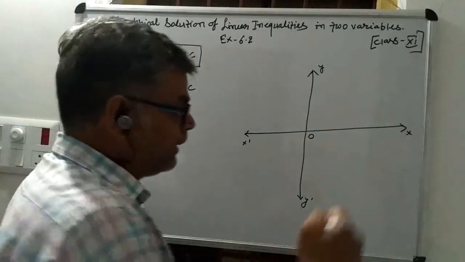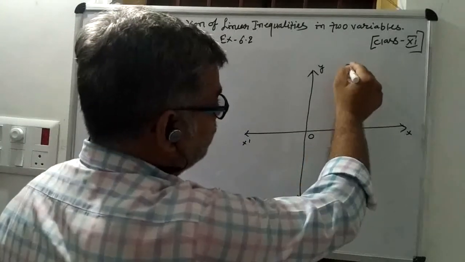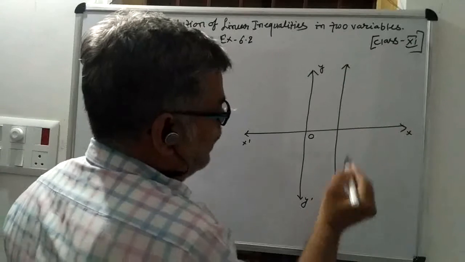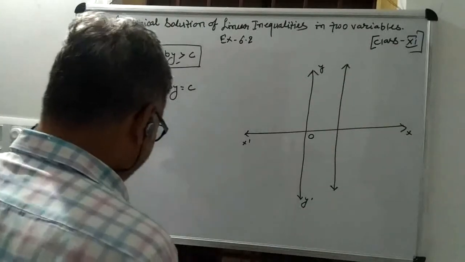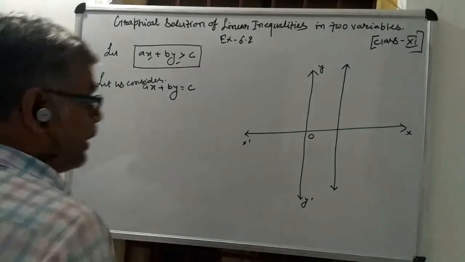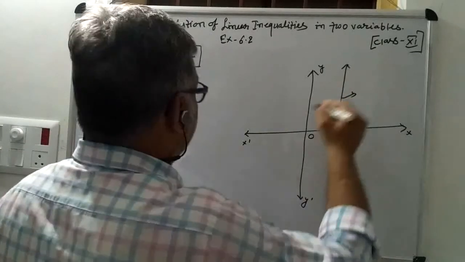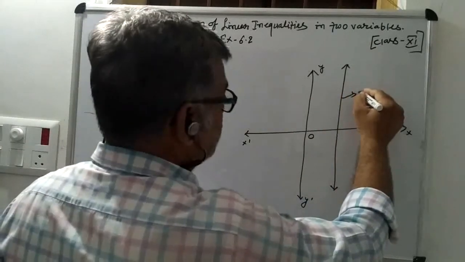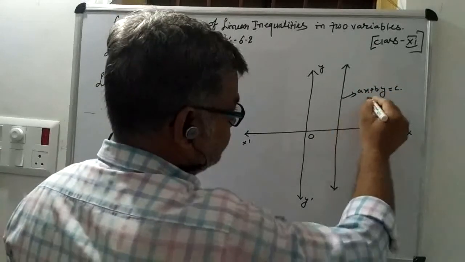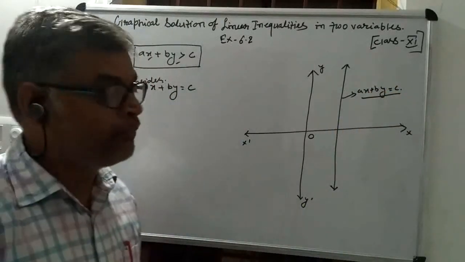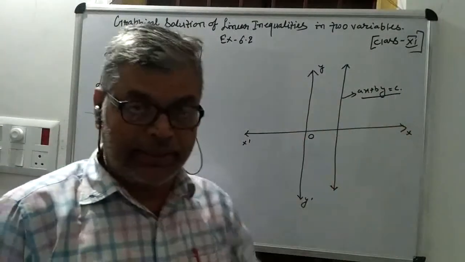So the line can be in this form also, that is vertical, which is parallel to the y-axis. Let us consider the first case first. When your line is like this, suppose this line represents the graphical representation of ax plus by equals c.